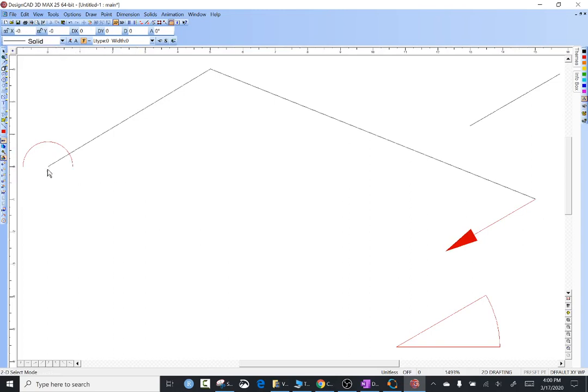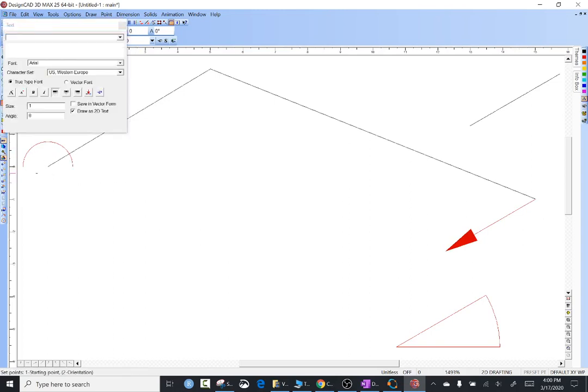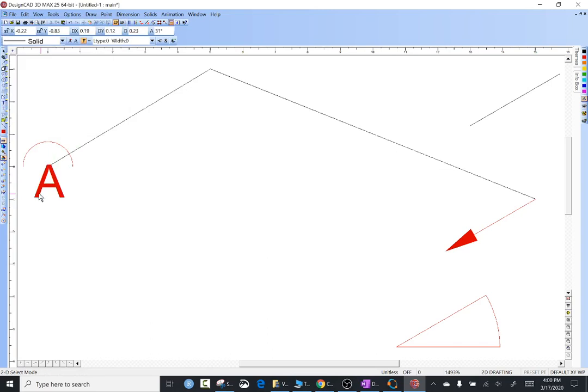So in other words, this is point A, which is just pinned there.